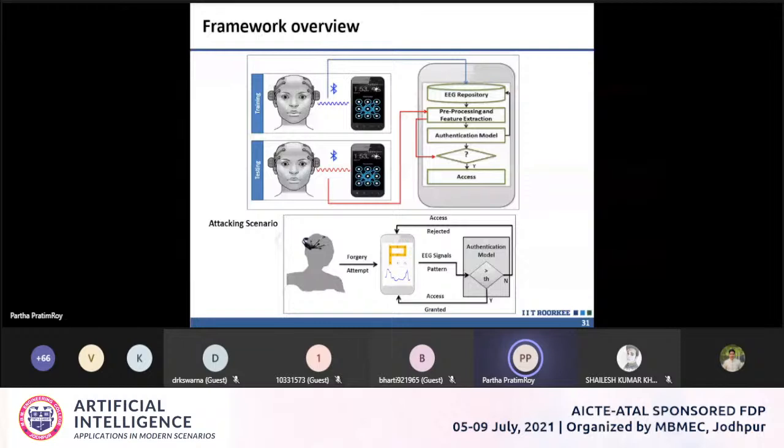Similarly in EEG-based biometrics, we will record the genuine user's signal 4 or 5 times when he makes the Z pattern. Let's consider that we have collected the EEG signals 5 times, and from those we will make a model of the user.